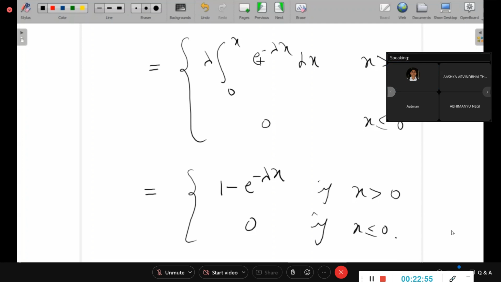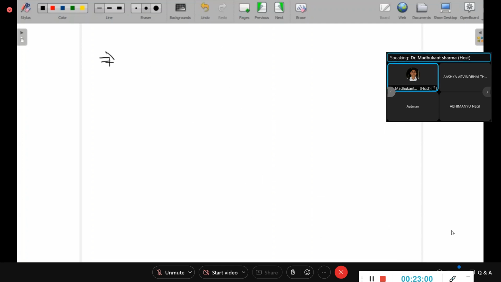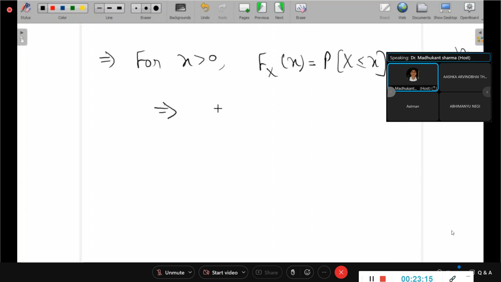So this implies that for x greater than 0, F_X(x), or the probability that X is less than or equal to x, is 1 minus e to the power minus lambda x. This further implies that the probability that X is greater than x is e to the power minus lambda x for x greater than 0, obviously.